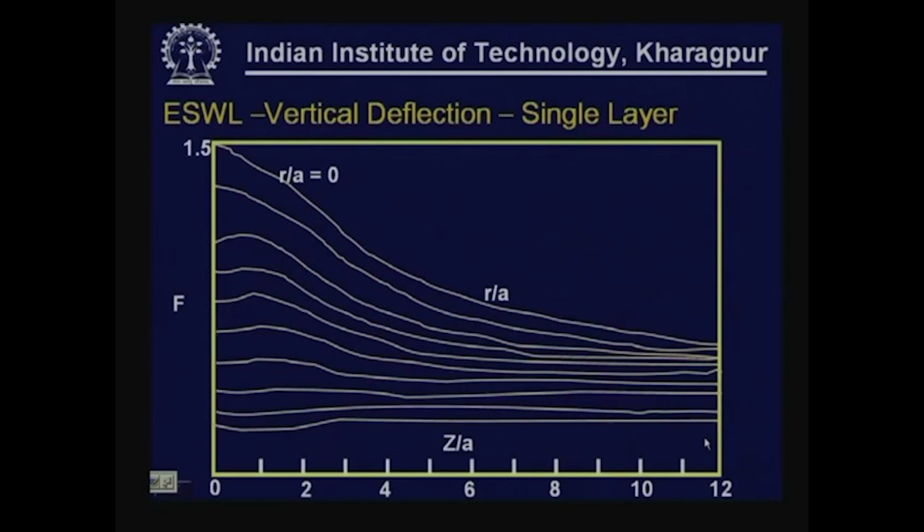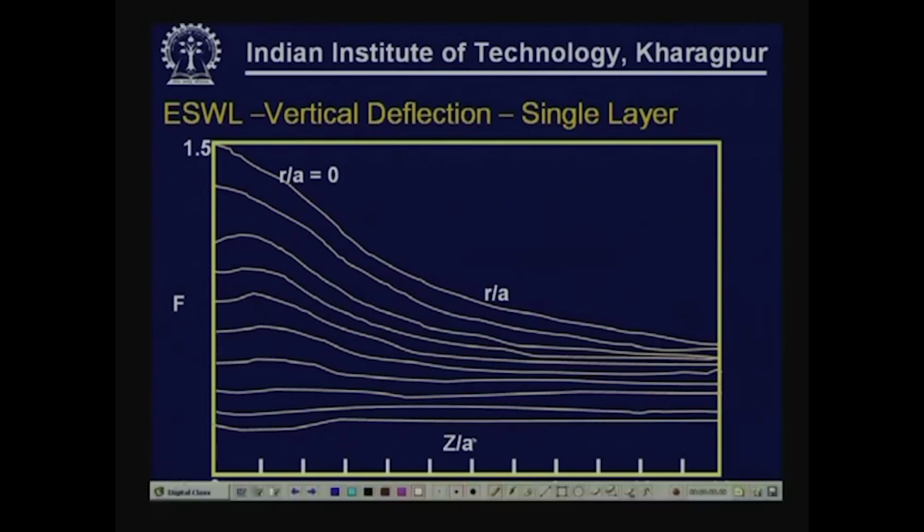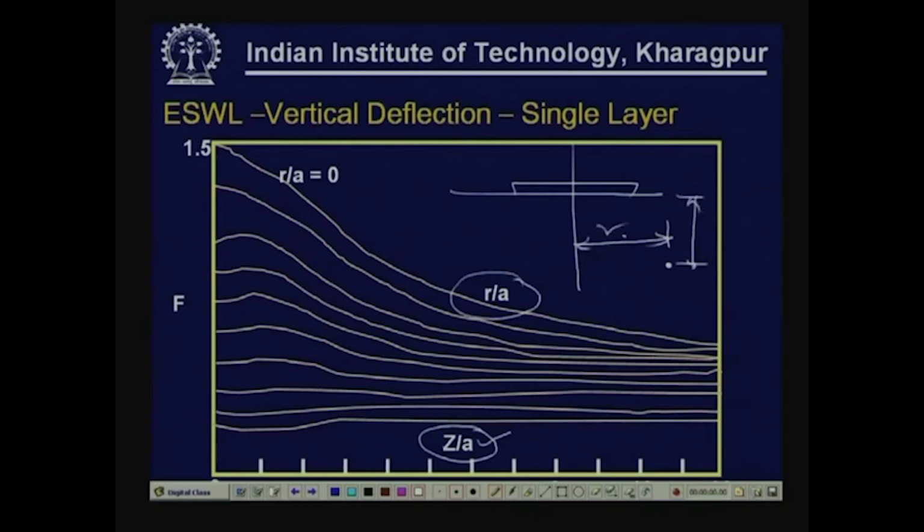We have charts of this type available for computing vertical deflection factors as a function of depth expressed as the ratio of Z by a, where a is the radius of load contact area, and also as a function of radial distance. If this is the location at which we are trying to calculate the deflection, we are referring to this radial distance and this depth, expressed as r by a and z by a.